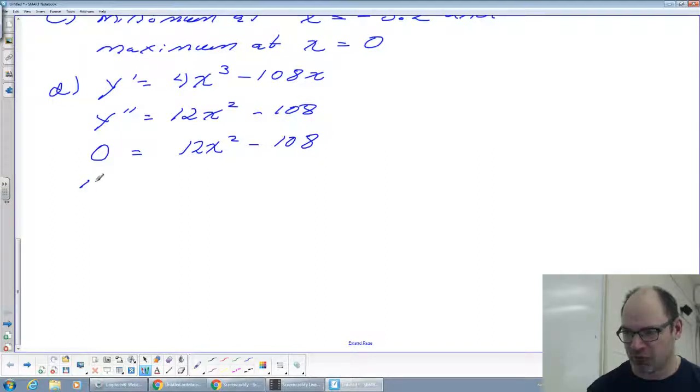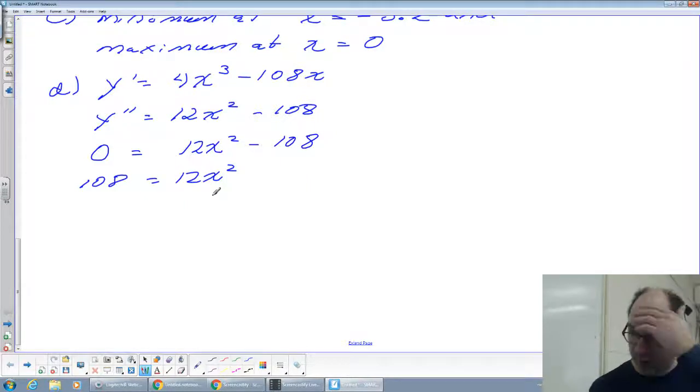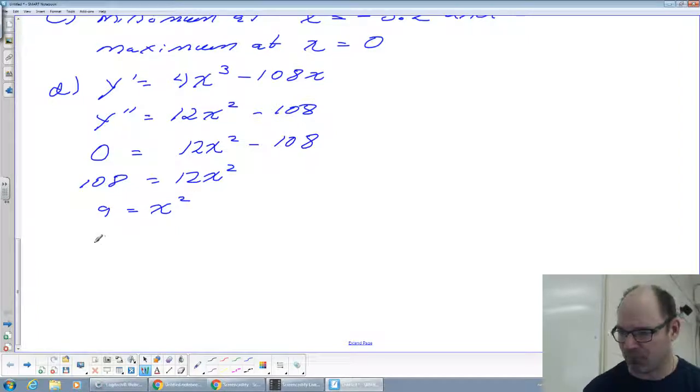So 108 equals 12x squared. 12 times 9 is 108, so we divide by 12 on both sides, and we get x squared equals 9. Got to be careful here: taking the square root of both sides, the square root of 9 is plus or minus 3. So x equals plus or minus 3.